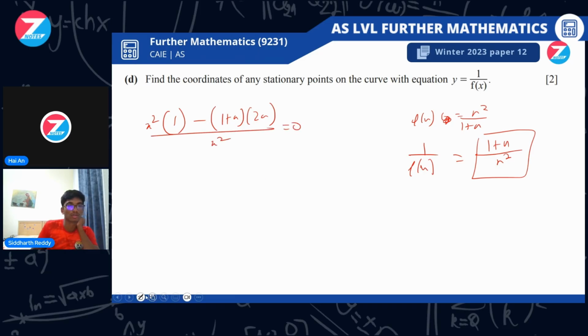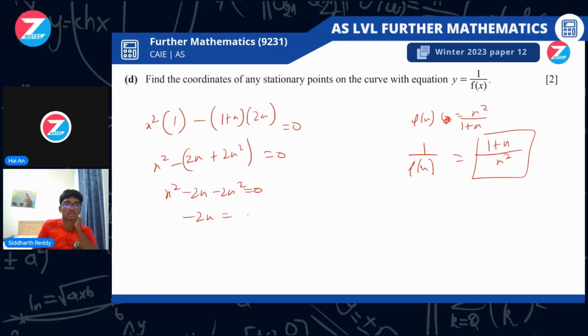So cross multiplying, we just get rid of the denominator and we are left with x squared minus 2x minus 2x squared is equal to 0. So x squared minus 2x squared is equal to 2x. Minus x squared is equal to 2x. x is equal to 0 and x is equal to minus 2 again. So it's the same x coordinates as the previous one.